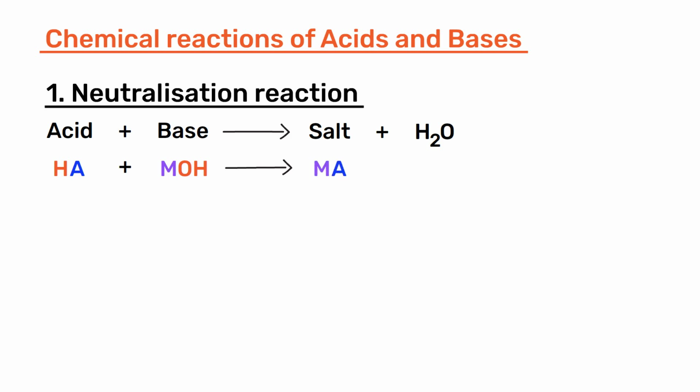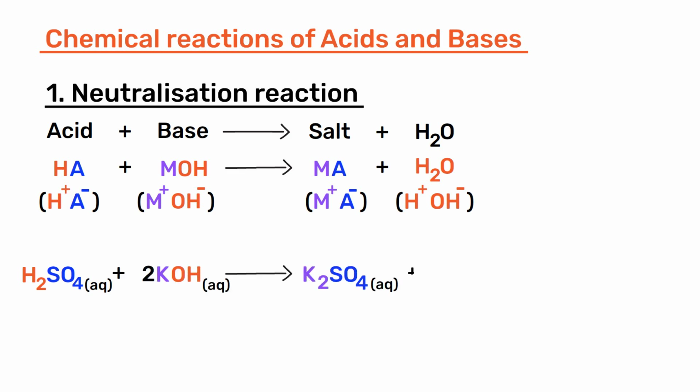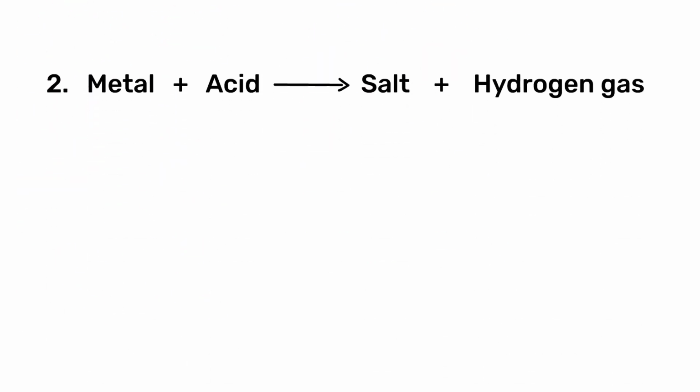The proton reacts with the hydroxide ion to form water, and the metal ion reacts with the anion to form salt. For example, sulfuric acid reacts with potassium hydroxide. The proton and hydroxide form water, and the potassium and sulfate ion form the salt potassium sulfate.